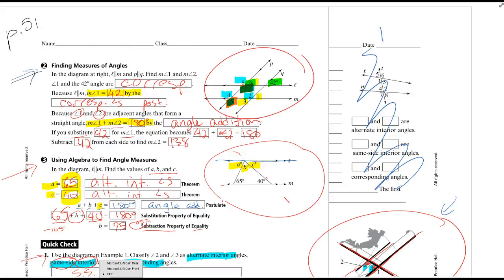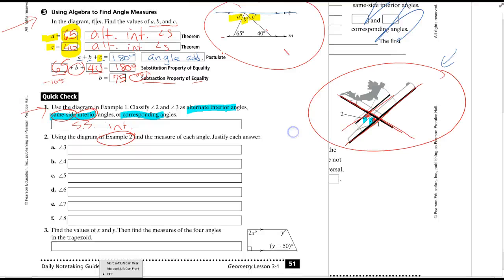So now let me fill that in real quick. 42 degrees here, because those were vertical. Angle 4 is 138, because they're corresponding.